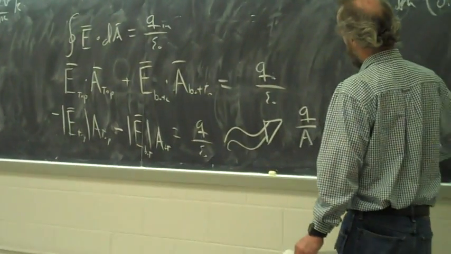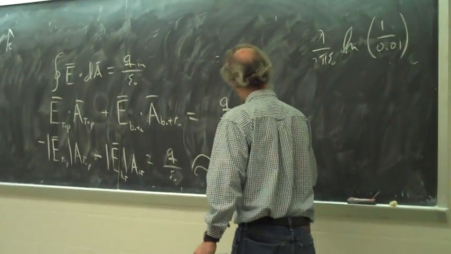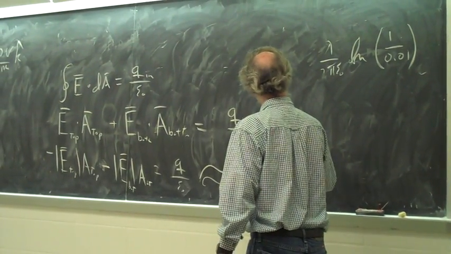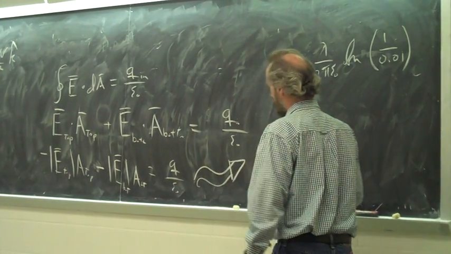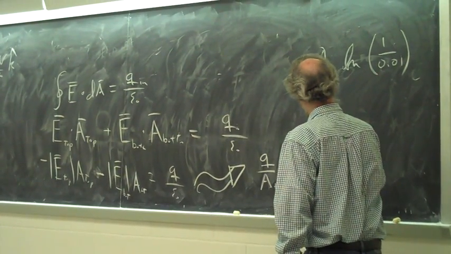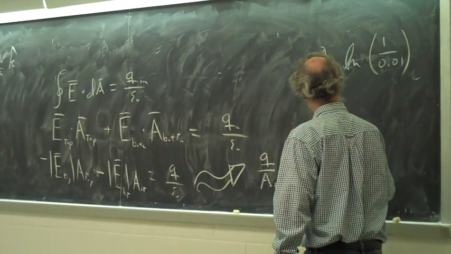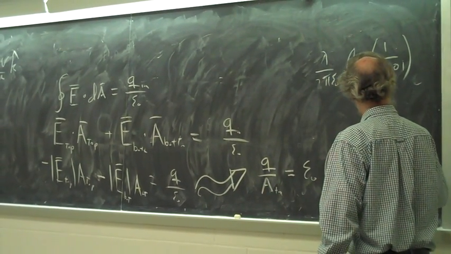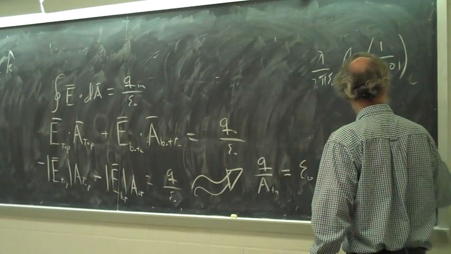That could be the area of the top or the bottom; I'll just write area of the top, and assume the area of the top equals the area of the bottom. That's equal to epsilon naught times minus the magnitude of the top field, and then minus the magnitude of the bottom field.